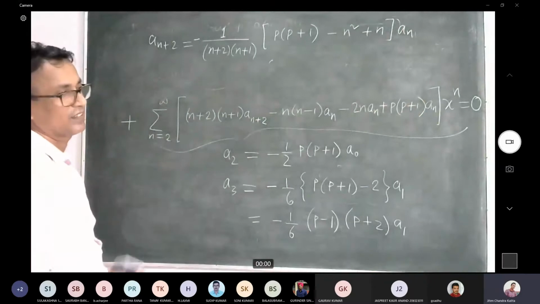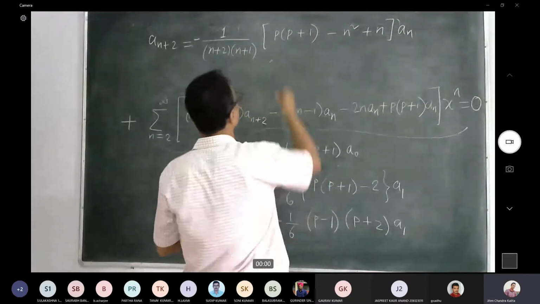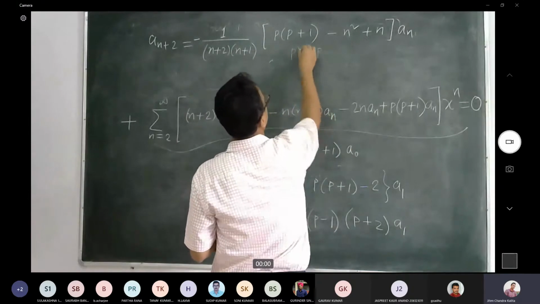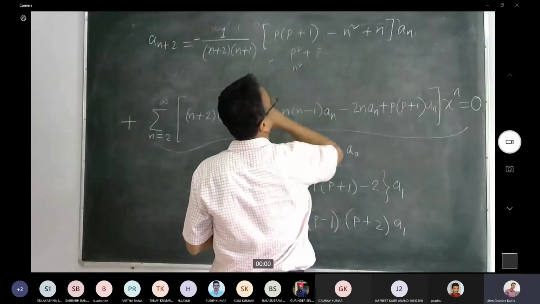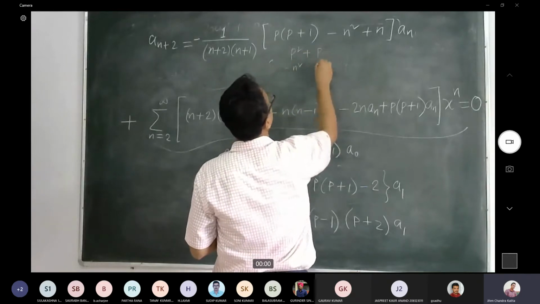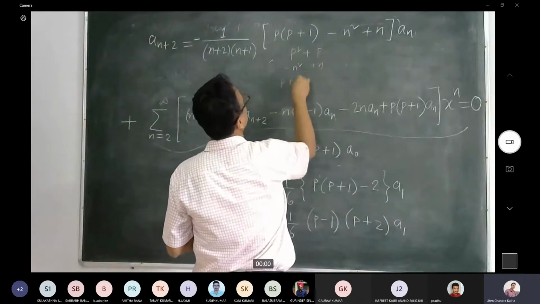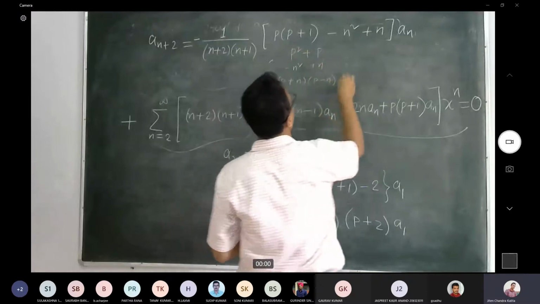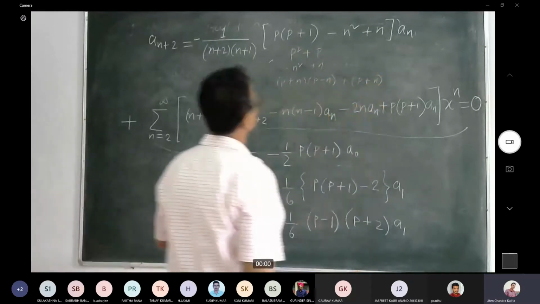This is going to be p squared plus p, and then if I do it like p squared minus n squared, this is going to give me p plus n, p minus n, right? And this is going to be p plus n.